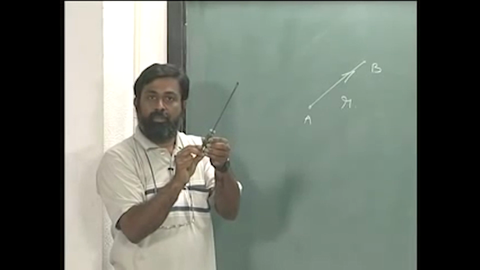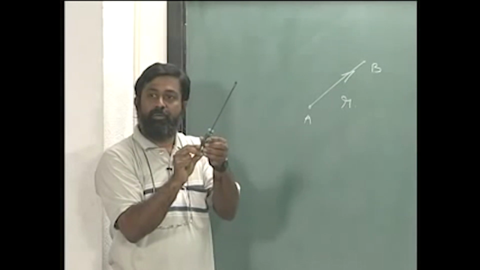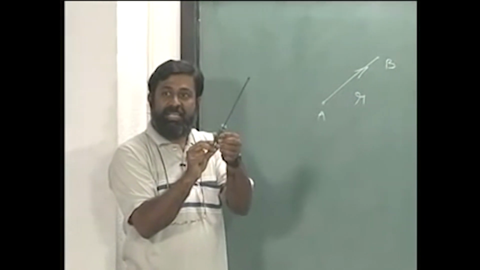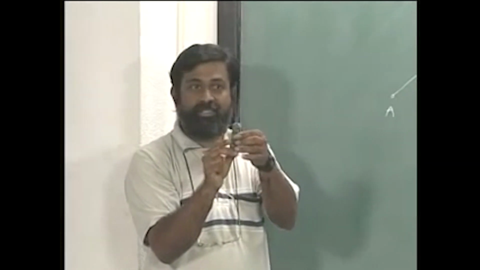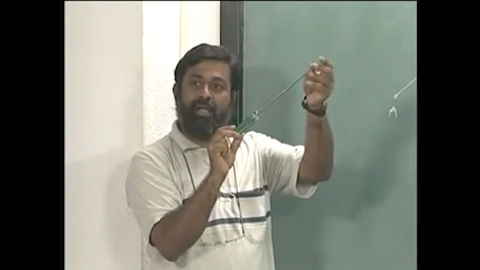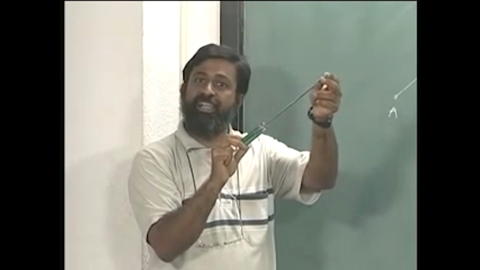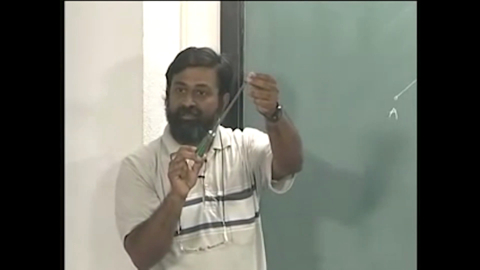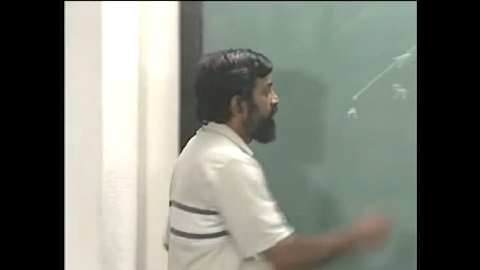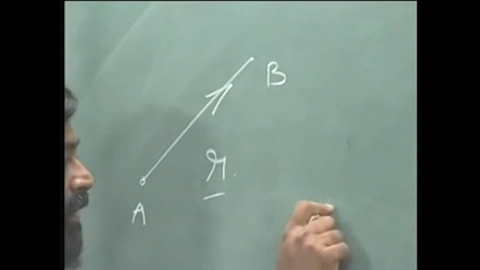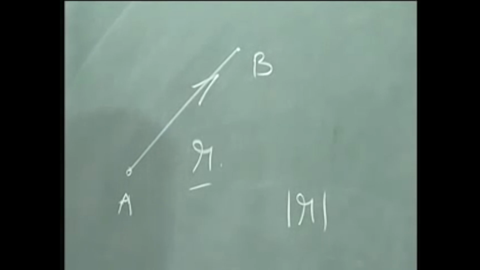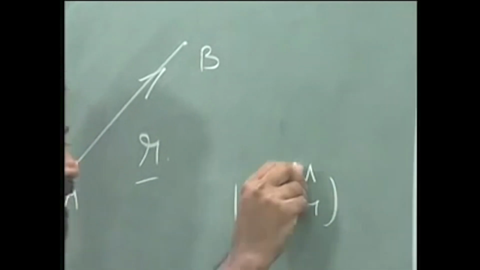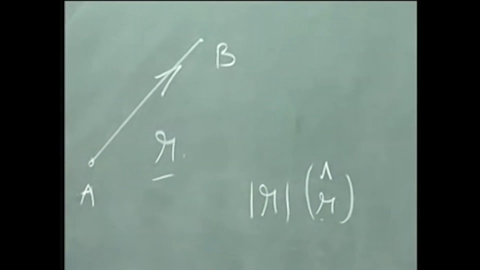Now, if I have to find out the change in this vector, let us say this vector has a magnitude and a direction. If I have to find the change in this vector, what all changes are possible? The changes that are possible are in the magnitude and in the direction, right.